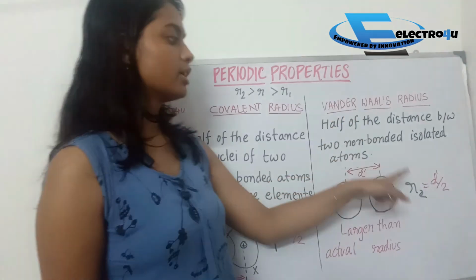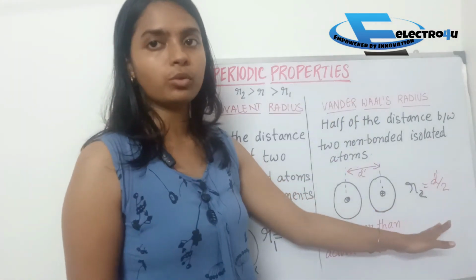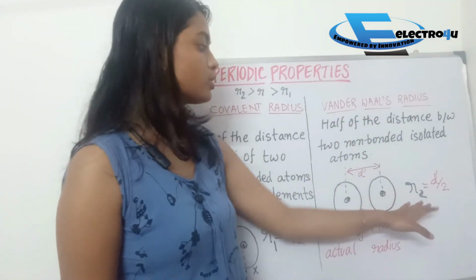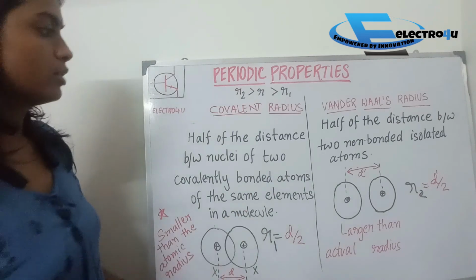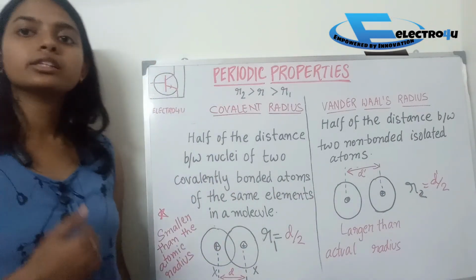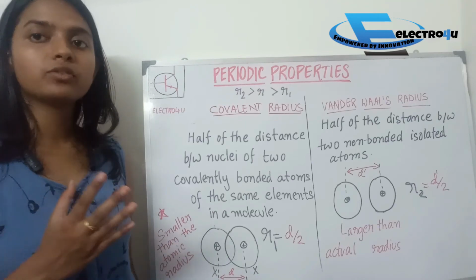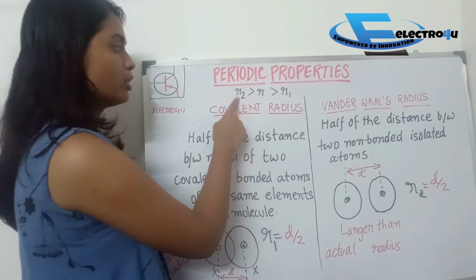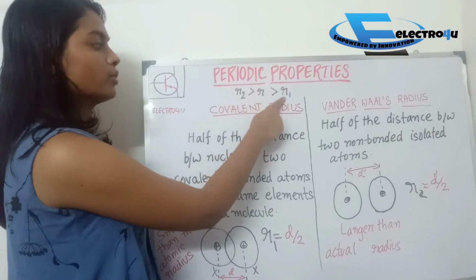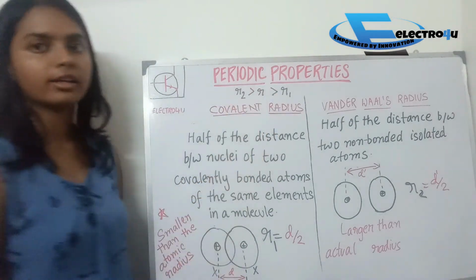So the Van der Waals radius will be d dash divided by 2, and let us assume Van der Waals radius as R2. As we can observe, the Van der Waals radius will always be greater than the actual radius of that individual atom. That means R2 will always be greater than R, and R1 will always be lesser than R.